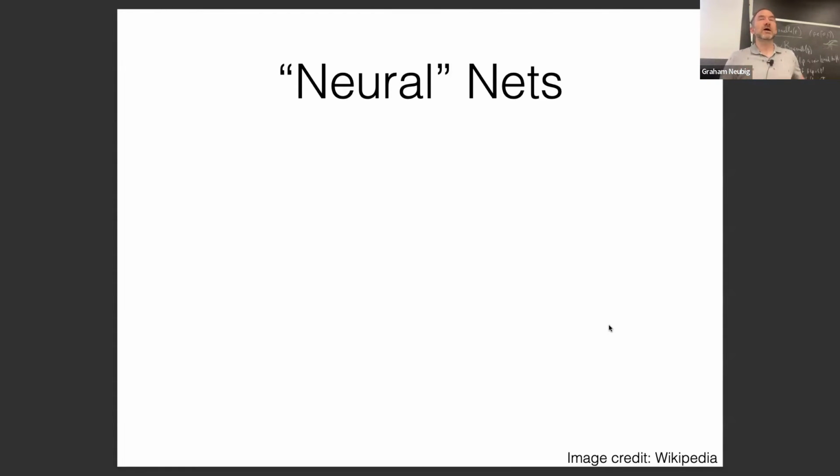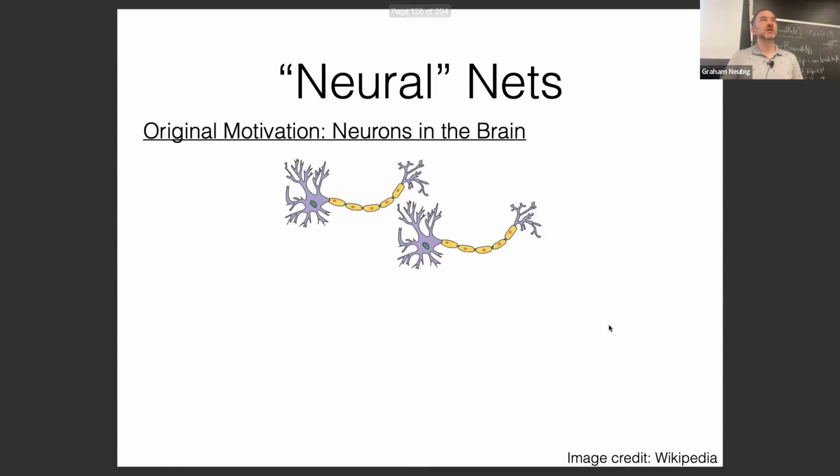So a neural network was originally inspired by the brain. I think this is one of the big triumphs of studying the ways humans do things and mimicking them and actually being successful at building better machine learning models.